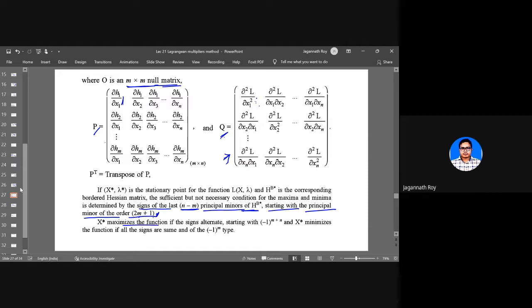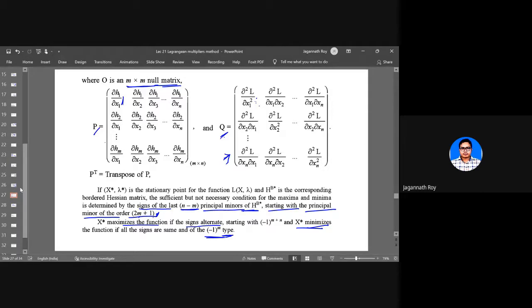The function will be a maximization function if the signs alternate. And if all the signs are the same, of type minus 1 to the power m, then we will have minimization.